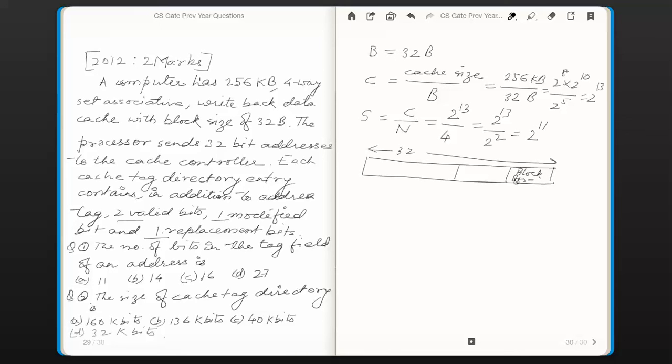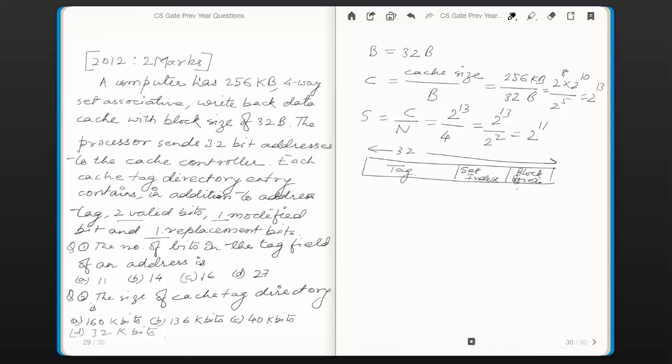A few least significant bits would form block offset, and because this is a set associative cache, next few bits would form set index, and the remaining bits in the CPU address would be tag field. So we need to find out the size of the tag field, and this is our first question.